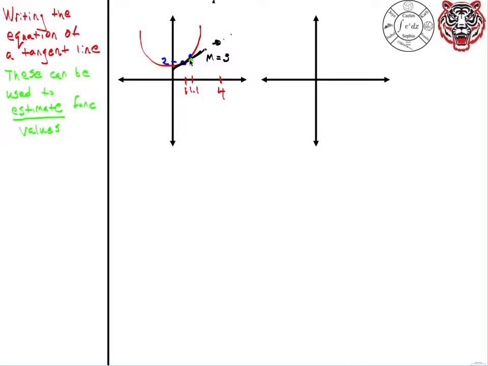So when I have my point over here, I'm generally given a point with this information. Let's say we knew that f of 1 is equal to 2. The way we analyze this in calculus is we say f of 1 equals 2.